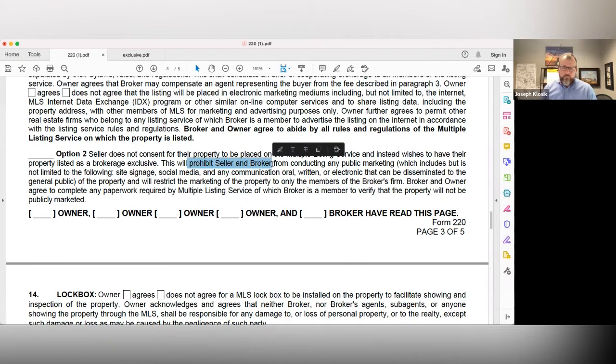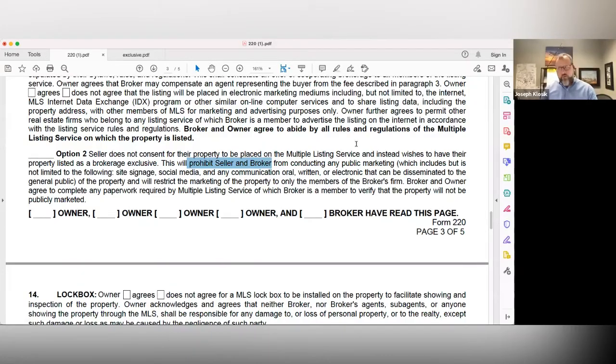Seller and broker. The reason I highlight this, and again, remember, not been to one of my classes, when I stop screen sharing and we go back to the camera, this is an important message. So this means I'm being serious, game face on. I hear a lot of people say, well, my seller is not going to do something just because your rules for the MLS say they're not going to do it. Okay, maybe.